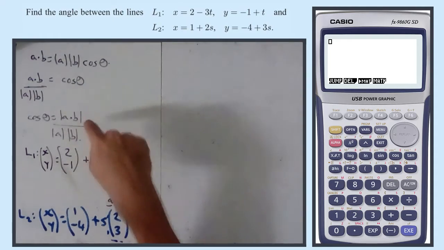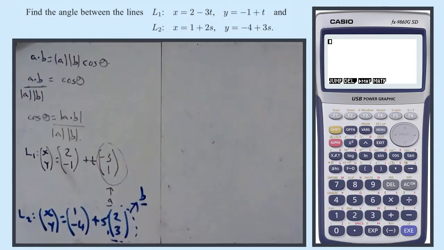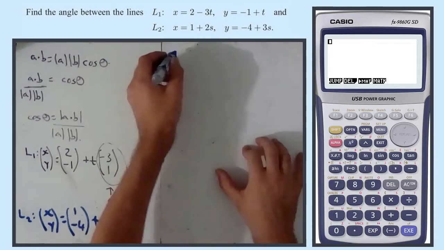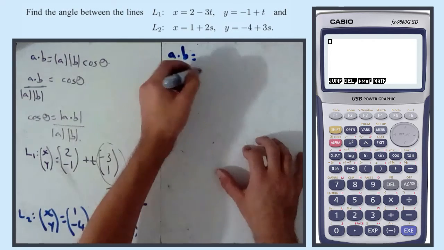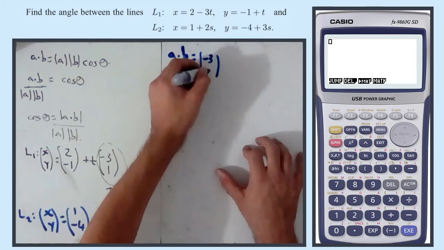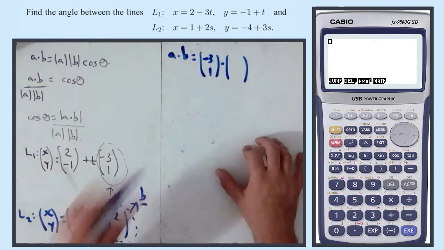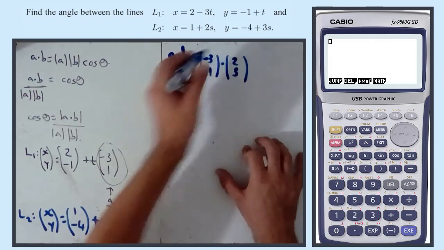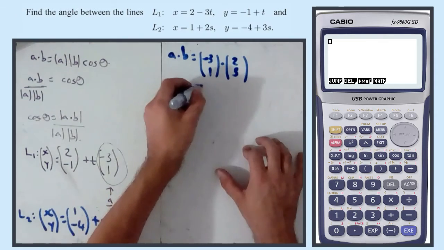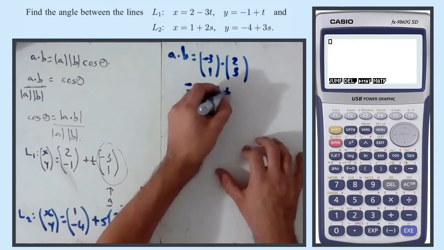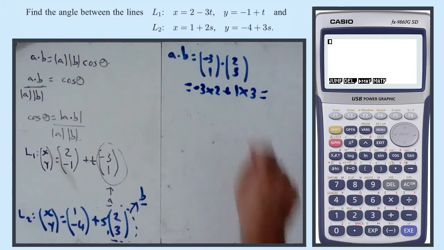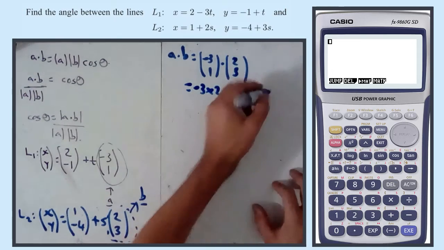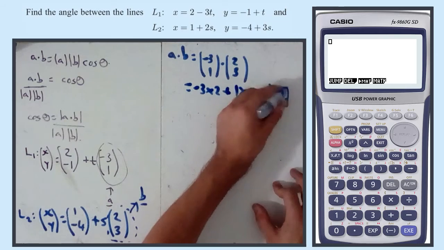To use this formula, we're going to need a dot b, the magnitude of a, and the magnitude of b. So a dot b equals, we said a was (minus 3, 1), dotted with (2, 3). That is minus 3 times 2 plus 1 times 3. Minus 3 times 2 is minus 6, 1 times 3 is 3, and minus 6 plus 3 is minus 3. That's a dot b.